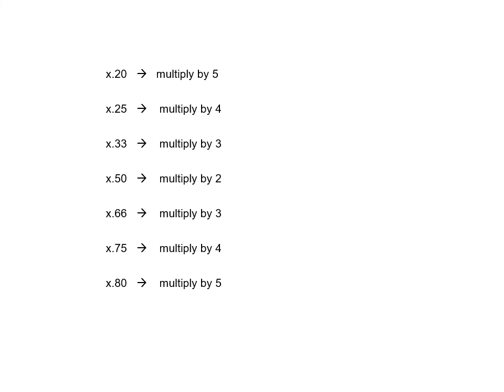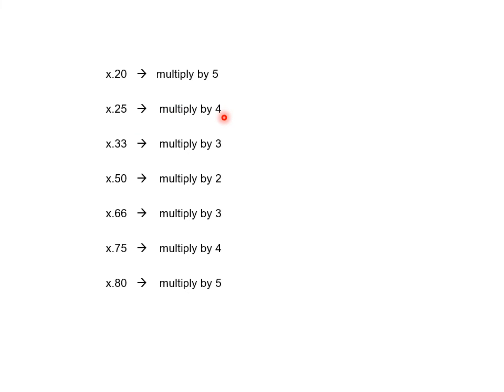So to know which number to multiply by, you can just start with 2, 3, 4, 5, going through the numbers and see which one gives you a whole number. Or you can just remember that if it ends in 0.20, that is the same thing as 1/5, so you multiply by 5. 0.25 is the same thing as 1/4, so you multiply by 4.